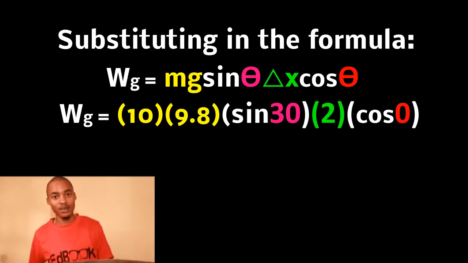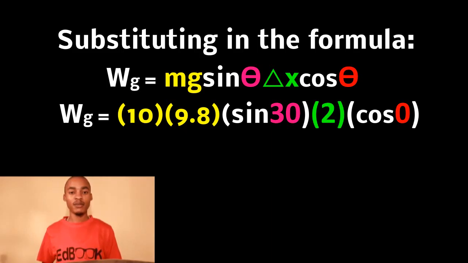Now, as we substitute all our values into our equation, we have our mass, which is 10 kilograms, our gravitational acceleration, which is 9,8 meters per second squared, and sine of, let's assume that our angle of inclination is 30 degrees.